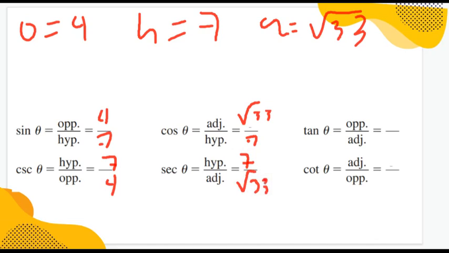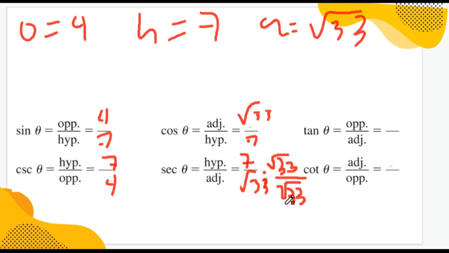Now, our fraction has a radical expression in the denominator. So what we will do is rationalize our fraction. We multiply the numerator and denominator by the square root of 33. So 7 times the square root of 33 all over the square root of 33 times the square root of 33.